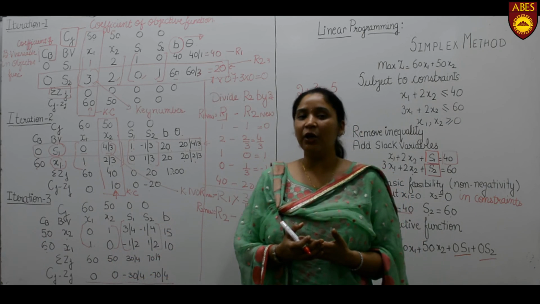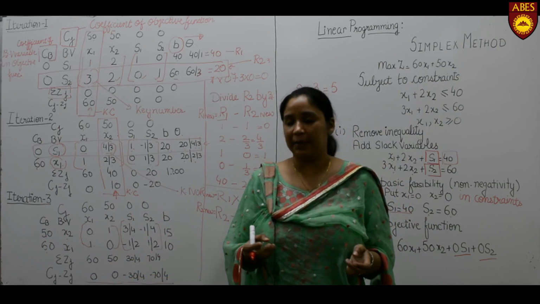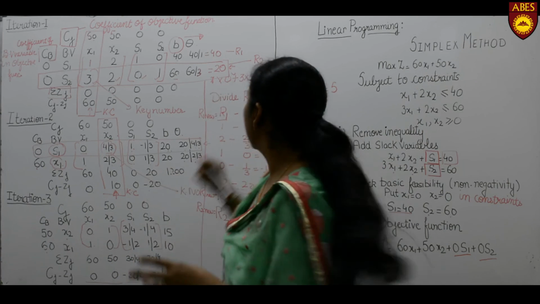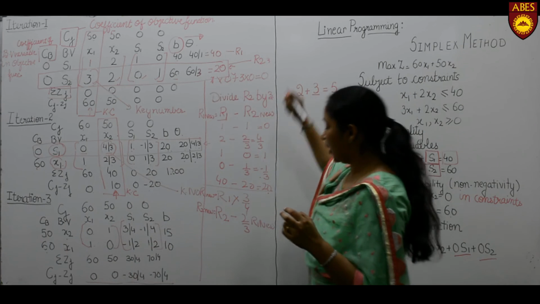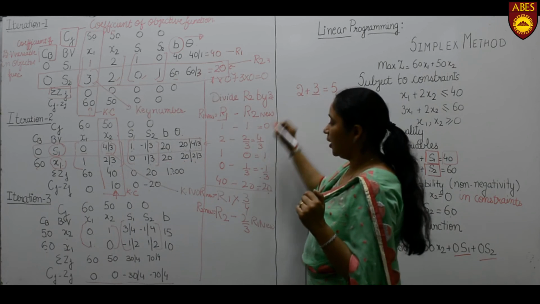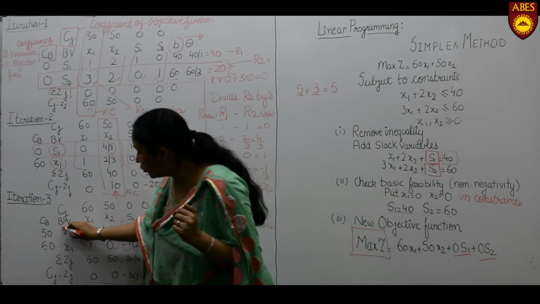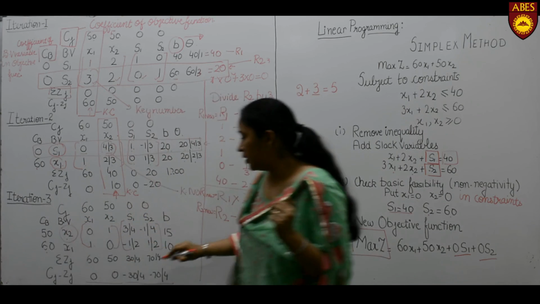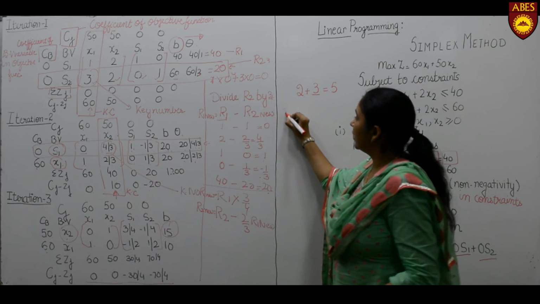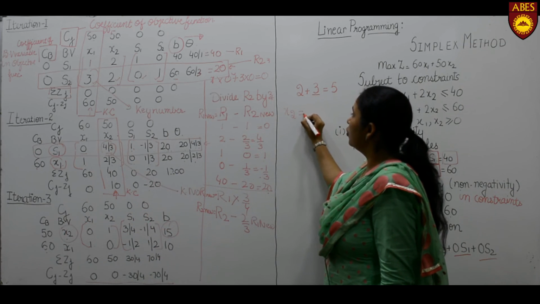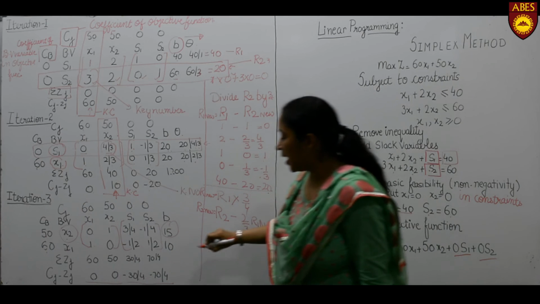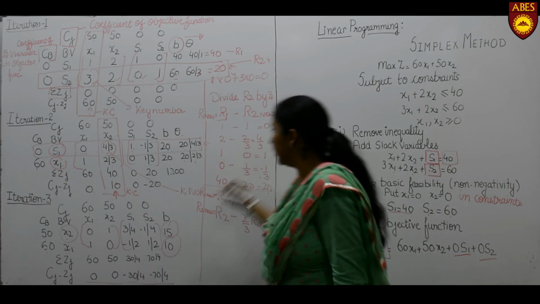Now what is the value of the x1 and x2 variables? That is the most optimized value. That is, for the answer, here we can see that x2 is equal to 15, that is our value of b, and x1 is equal to 10.